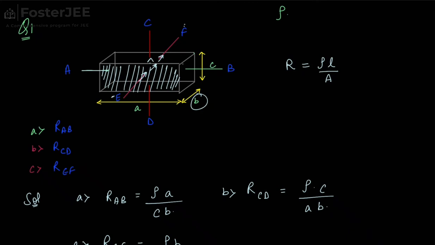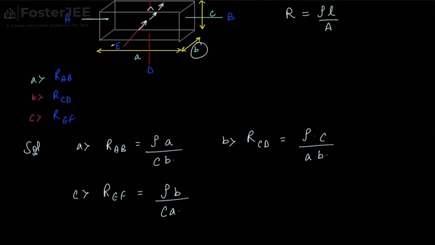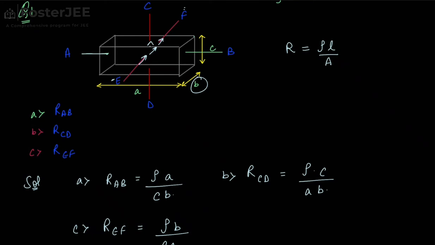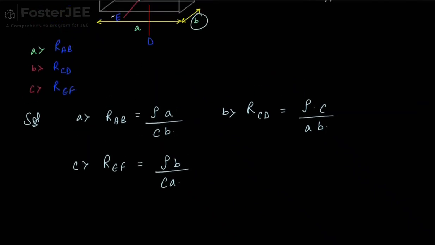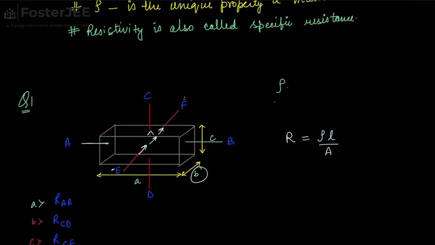It is C times A, because this is C and this is A. So the cross sectional area becomes C times A. Hence, we can say that just by changing the faces or the two points between which the resistance is to be calculated, the whole value of resistance changes, and it depends upon the dimensions. So resistance is dependent upon the geometry of the substance taken, but resistivity is always constant.